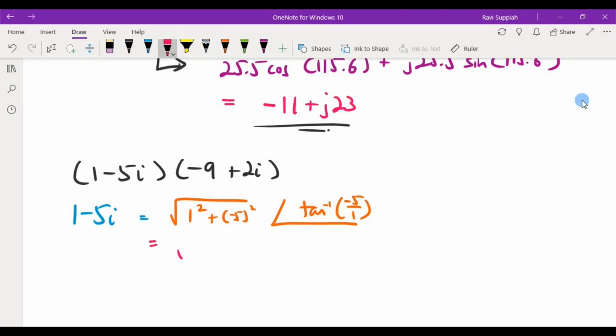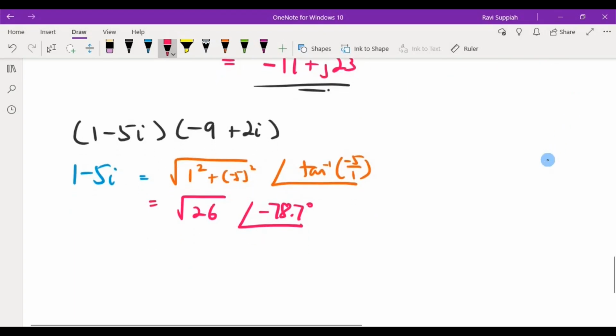So that would be square root of 26, okay, angle of negative 78.7 degrees. How do you relate to this? Okay, so this is where you must have some visualization of how this particular complex number is actually going to look like.